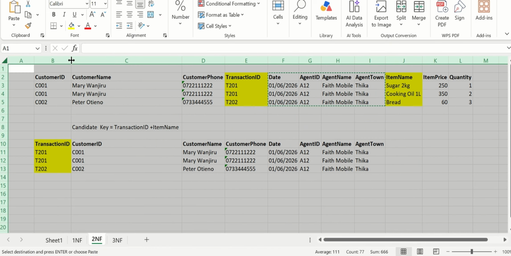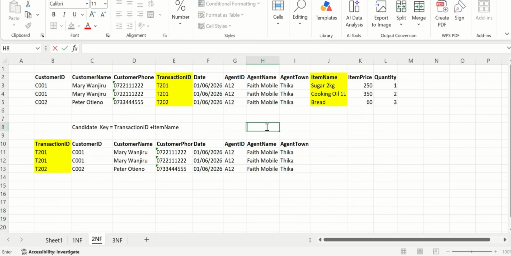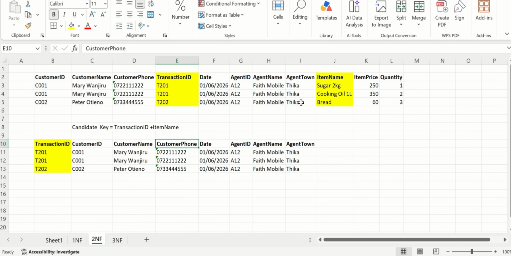So we have this table. This table we can call transaction.